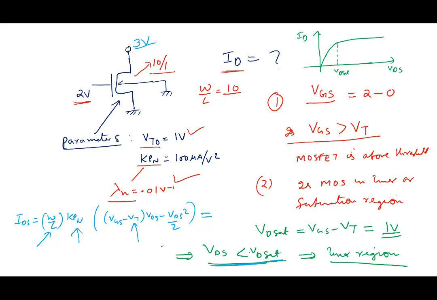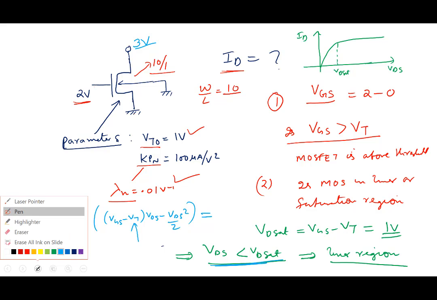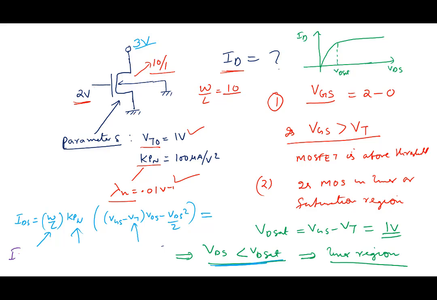So the transistor is in saturation region, and you would then write down a separate equation: W by L, kPn, VGS minus VT square by 2 into 1 plus lambda n VDS. You would use this equation to calculate the current here.